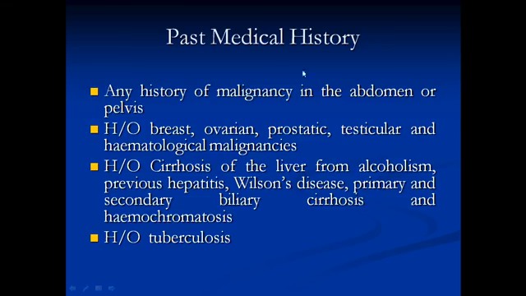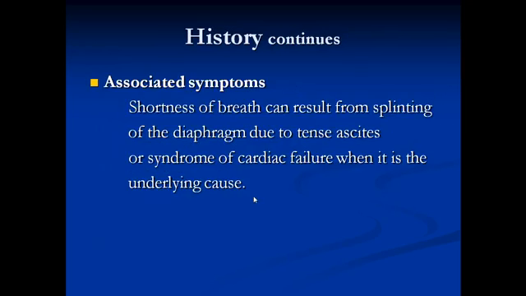We have to find out the malignant causes or any cirrhosis of the liver or history of tuberculosis, because all of these things may cause ascites. Associated symptoms: shortness of breath can result from splinting of the diaphragm due to tense ascites, or it is a symptom of cardiac failure when that is the underlying cause.